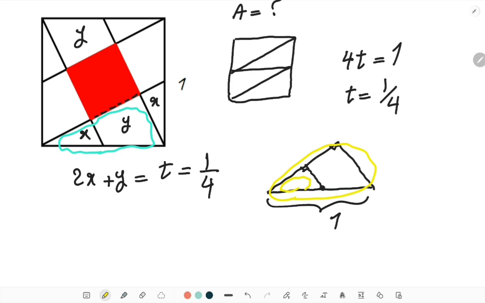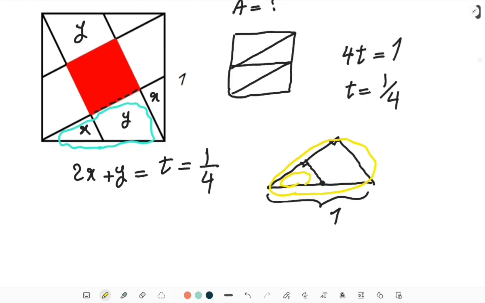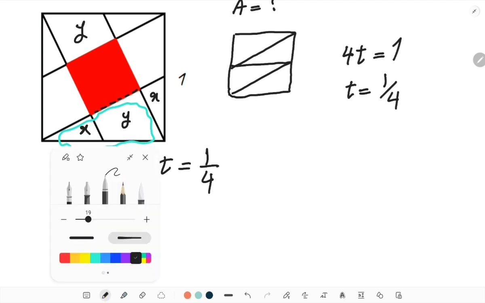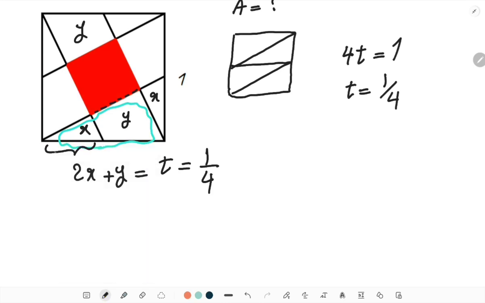So I hope that you know from Euclidean geometry, when I have two similar triangles, the relationship between the areas of two similar triangles is equal to the square of the ratio of any pair of their corresponding sides. So I know that for the little triangle, this side is 1 over 2.